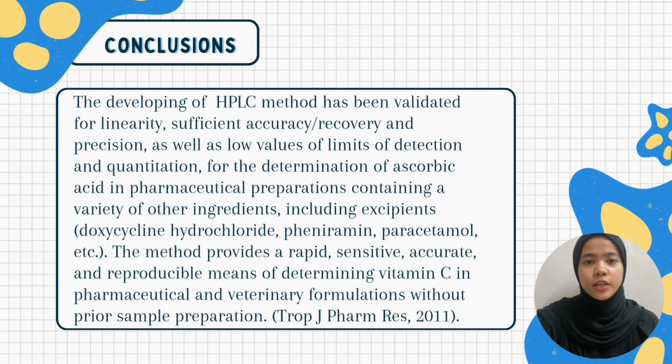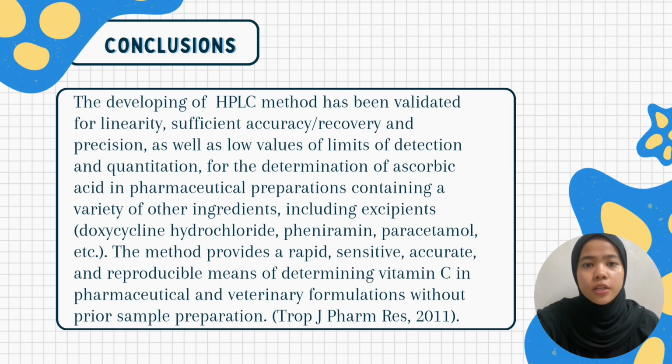Our findings demonstrate that the developed HPLC method has been successfully validated for linearity, accuracy, recovery, and precision. It also exhibits low values for limits of detection and quantitation, making it highly effective for determining ascorbic acid. This method is capable of analyzing pharmaceutical preparations containing a variety of excipients, such as doxycycline hydrochloride, phenylephrine, paracetamol, and others.